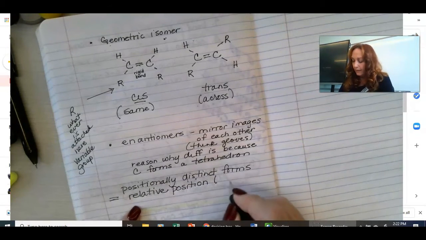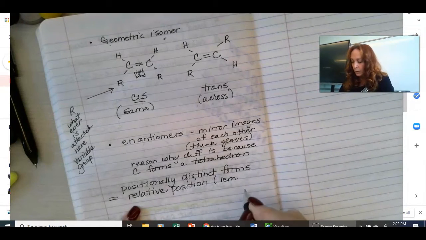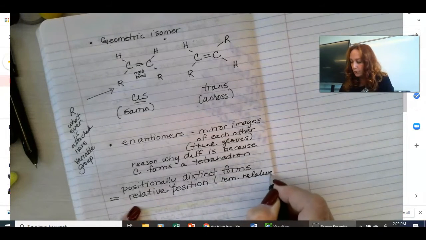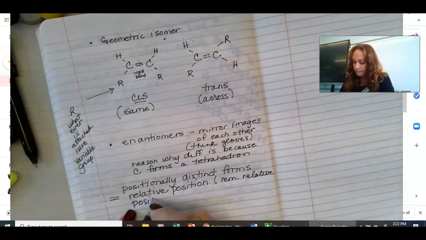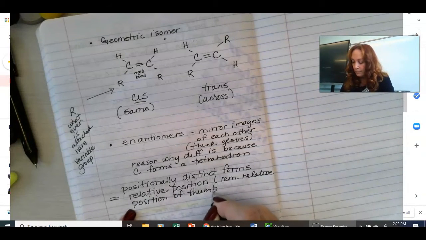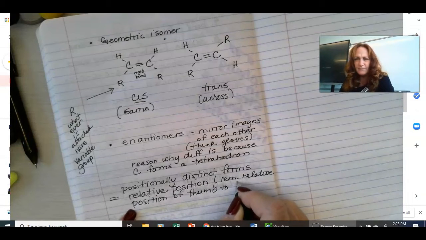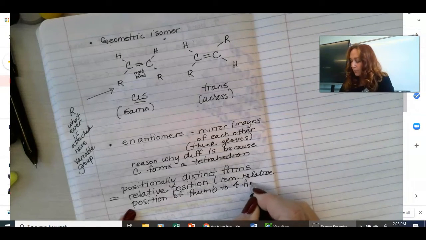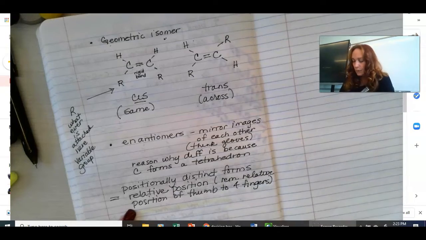So if I think about this, I'm going to remember my relative position of my thumb to, I got to put 5, that's not going to work, to 4 fingers is what we're talking about.